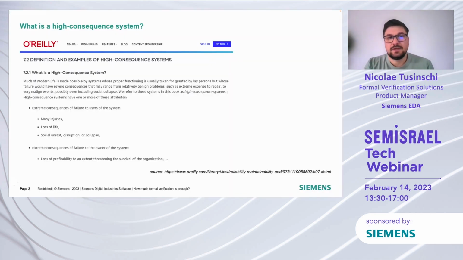But first, let's introduce the term of high consequence system. So I found this definition from O'Reilly, and it generically applies to what we mean by a high consequence system. A high consequence system is one in which the consequences of failure are so severe that the trade-off between the prevention costs and the external failure cost almost always leads to a decision to strongly emphasize prevention cost.